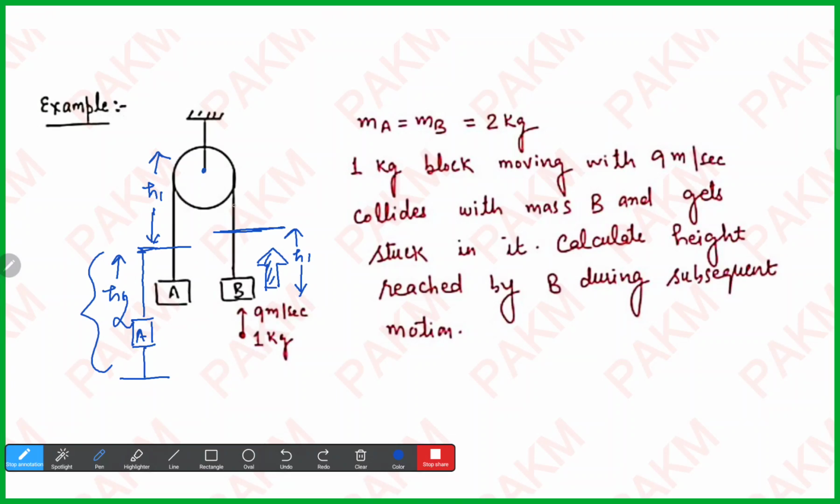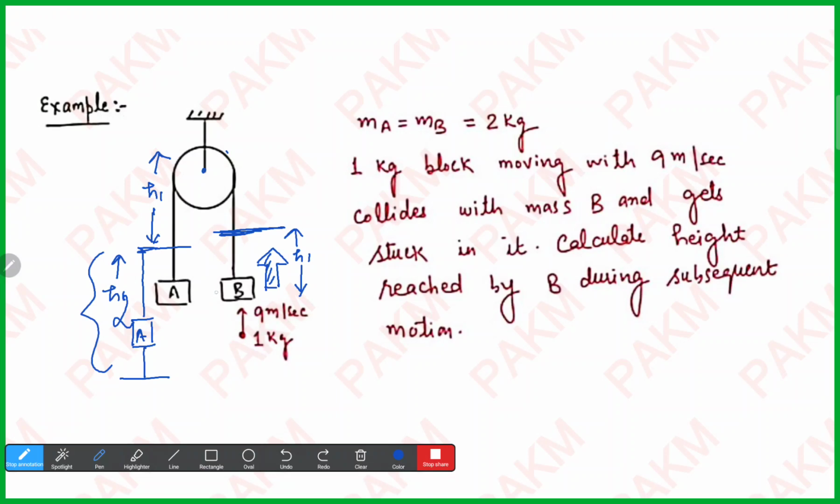Fine. So this is situation one. What will happen afterward? Once B releases the length, the same is acquired by A. So both will become taut once again, and there's a common motion of A and B taking place.